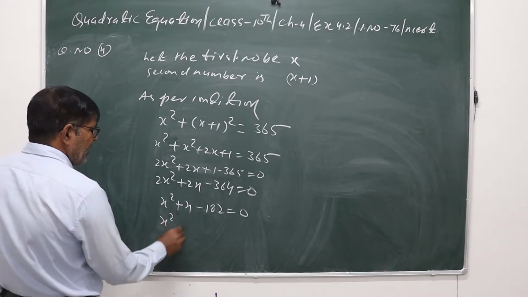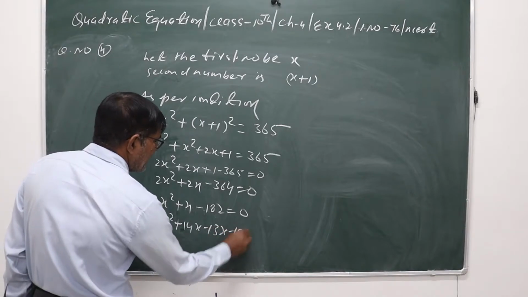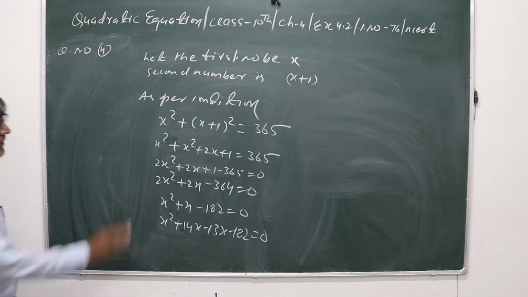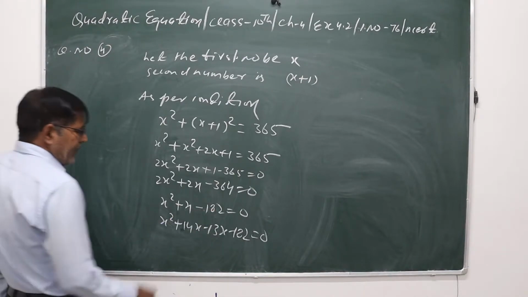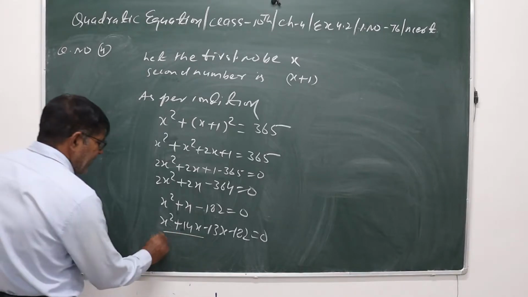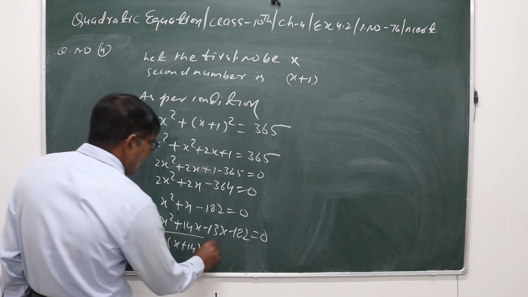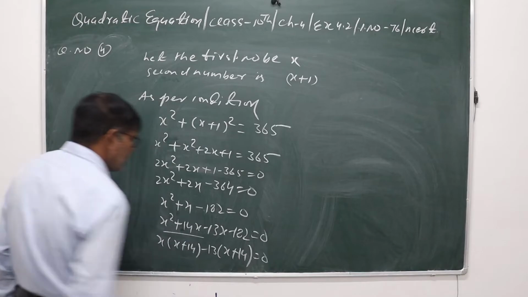Again here the factors will be plus 14x and minus 13x, giving minus 182 is equal to 0. In the previous question also, these were the factors of 182x square. See, from the first two terms if we take x common, then x plus 14 and minus 13 into (x plus 14) is equal to 0.